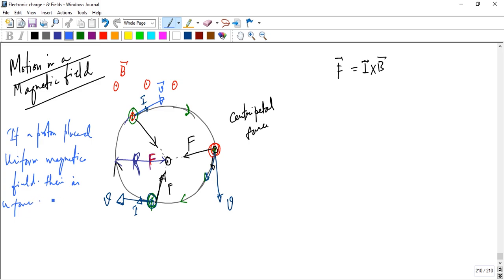The direction of the force is towards that center, very important. And depending on the direction of the magnetic field, obviously.